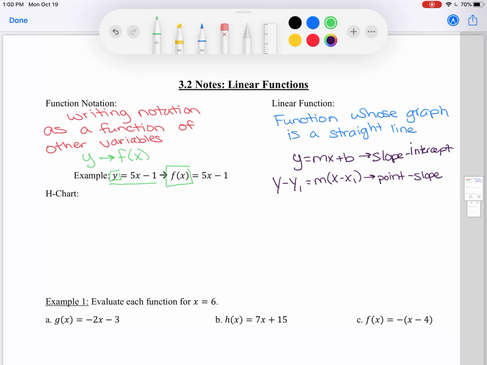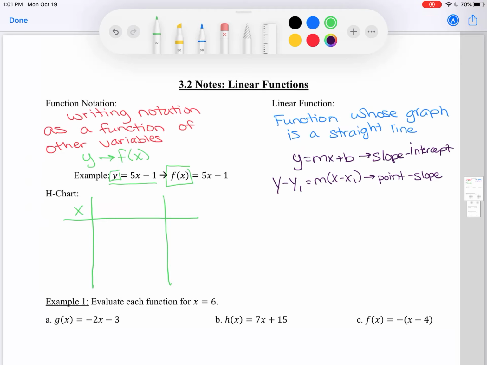And then we have what's called an H-chart. The H-chart is what we're going to make for the rest of this section, and really the phrase starts now: when in doubt, graph it out. And if you forget how to graph, if you forget your slope and your intercept or your point and your slope, if you forget any of that, we can always make an H-chart.